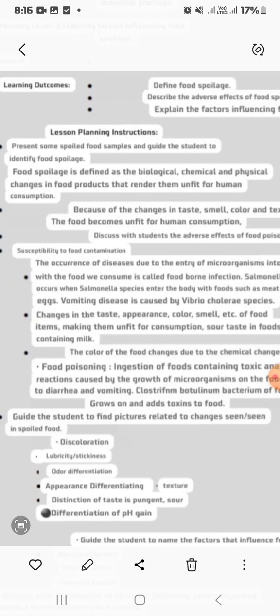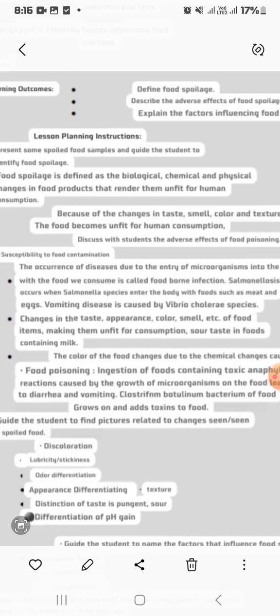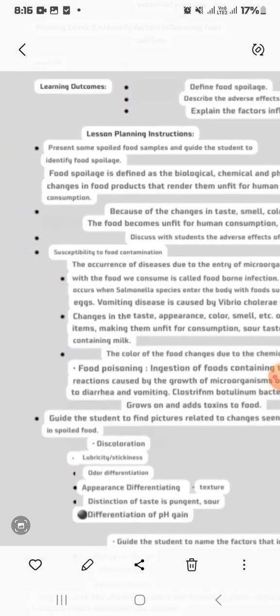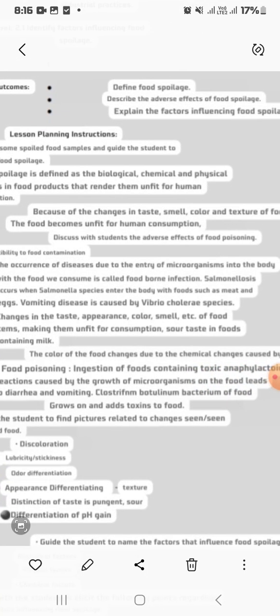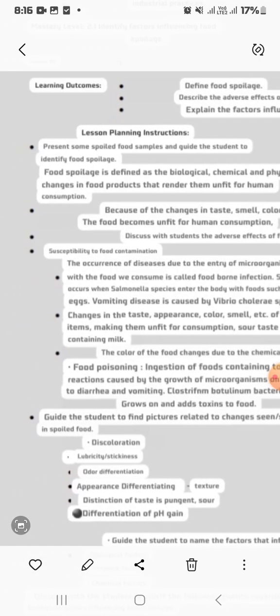The second definition, like the first, is that when the food becomes unfit for human consumption because of chemical, physical and biological changes in the food, we call it food spoilage. Next are the adverse effects of food spoilage.